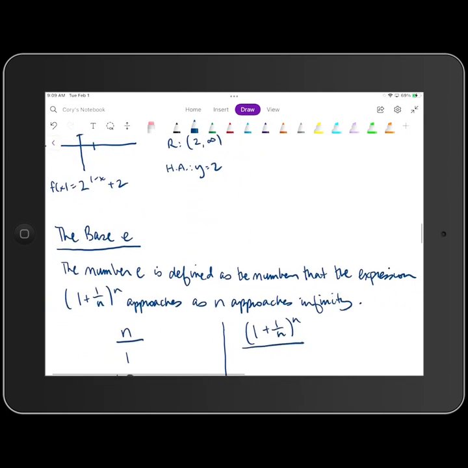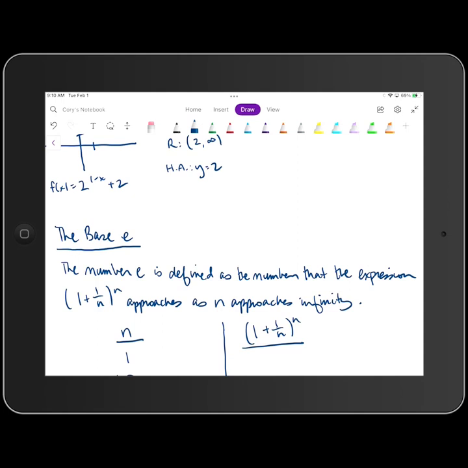Okay, so we're going to transition now into looking at the most important exponent base that we're going to deal with in math moving forward. Okay, so the most important exponent base is the exponent base e.